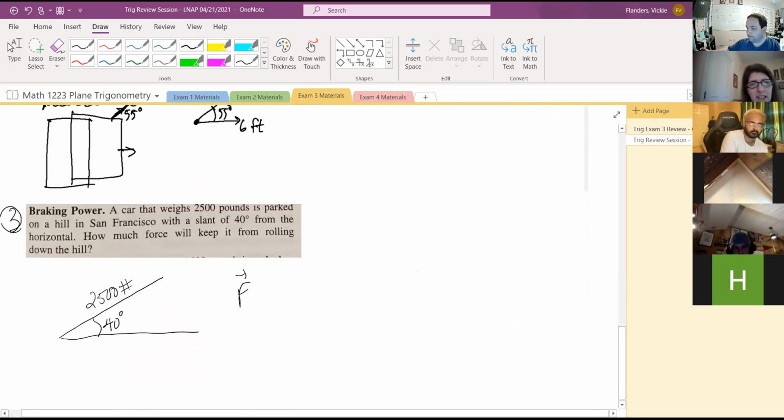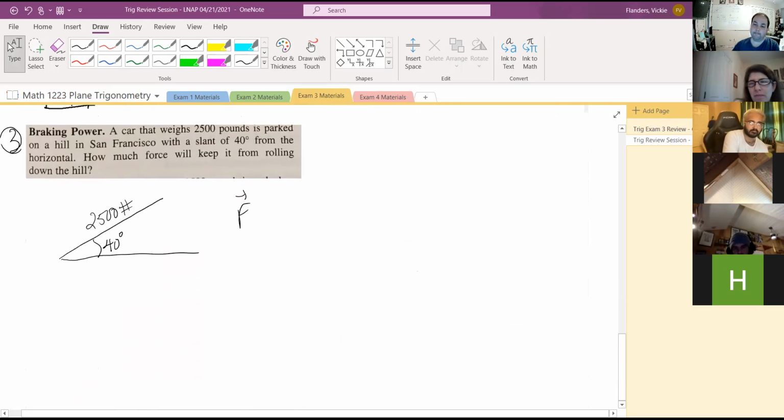So that's basically what this is. We're going to project this 2,500 along the ramp. Well, I meant to say, sorry, the 2,500 is not along the ramp. Let me think about my notation. It's 2,500 cosine 40 degrees.